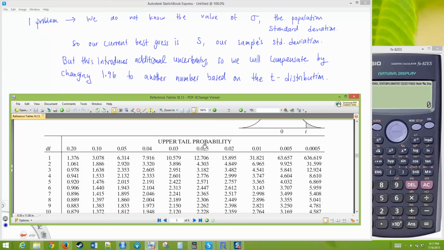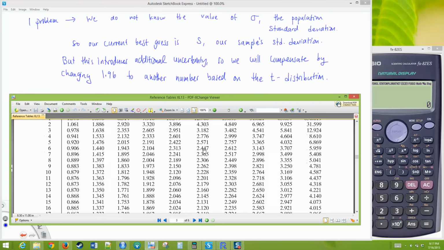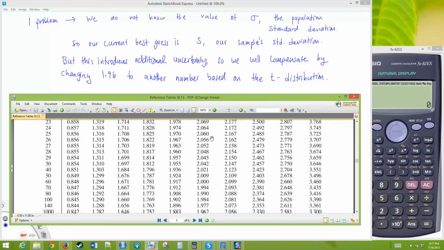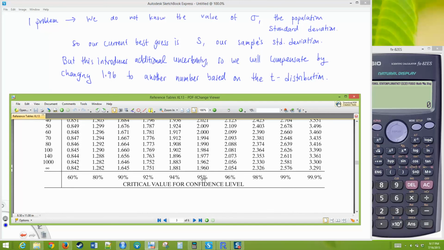So we're going to look at this column 0.025 for the upper tail probability. You can see that at the very bottom, it also says confidence level 95%. And here at infinity, with infinity degrees of freedom, we use 1.96, which comes straight from the normal distribution.